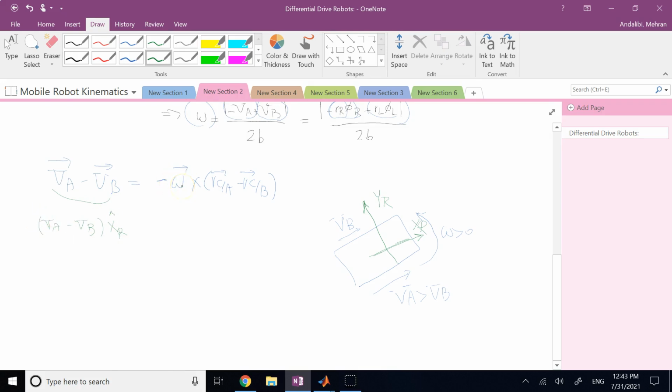What about this vector here? We learned that RCA minus RCB, correct? So this was RCB, this was RCA. When we subtracted, it was in the YR direction. So this guy was whatever units that it was, which was 2B, and it is in the YR direction. Omega is in the ZR direction, right? If we assume it's positive. So negative of, and this was omega in the ZR direction.